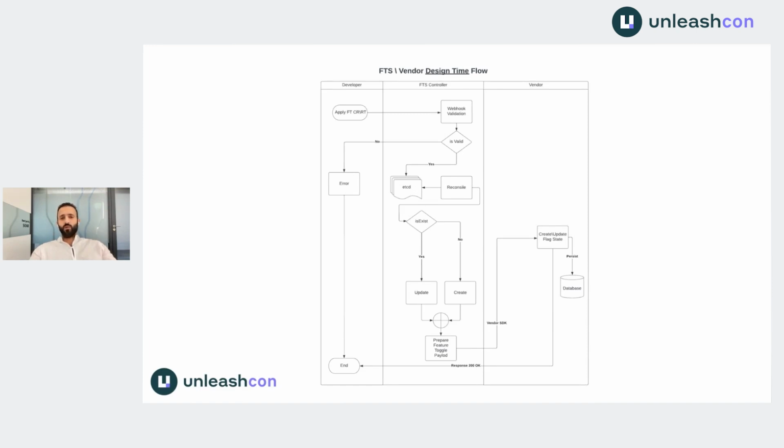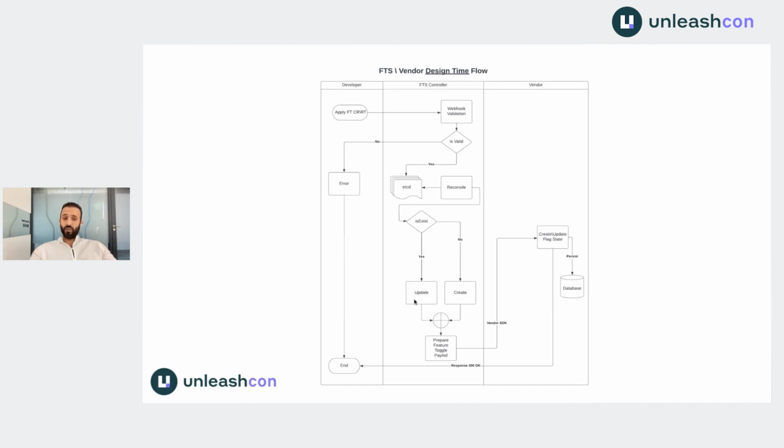For example, we have a versioning, we have the creator of this toggle, and there are some more fields here. So if it's valid, we apply it, and in the world of Kubernetes, of course, we have it in the etcd database. If it does not exist, we create it.